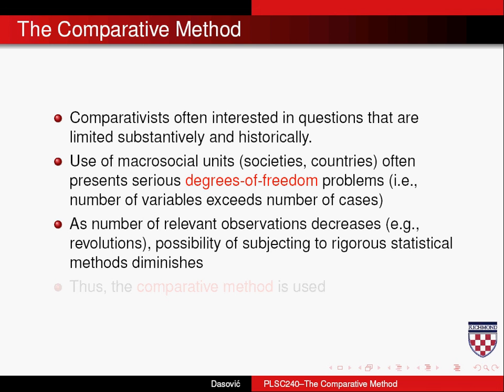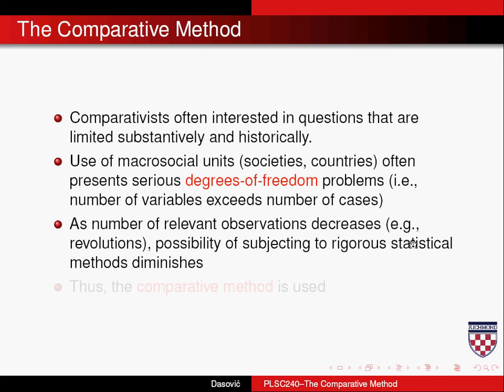And as the number of relevant observations decreases, for example, let's look at revolutions. There are only a handful of revolutions that have ever occurred, and if we try to compare revolutions against each other, the possibility of subjecting this very small set of all possible revolutions to rigorous statistical analysis diminishes.